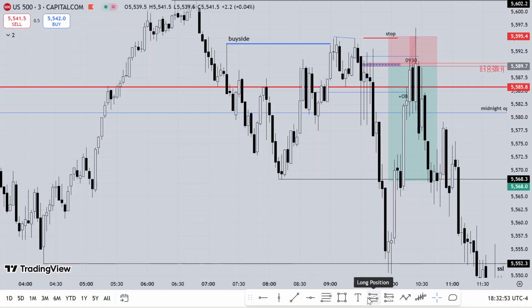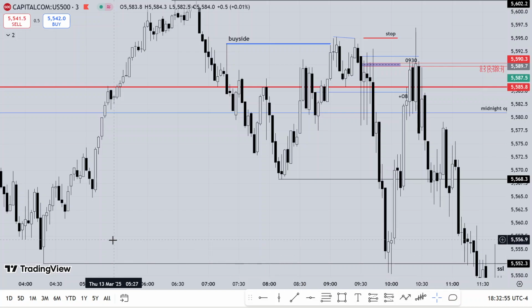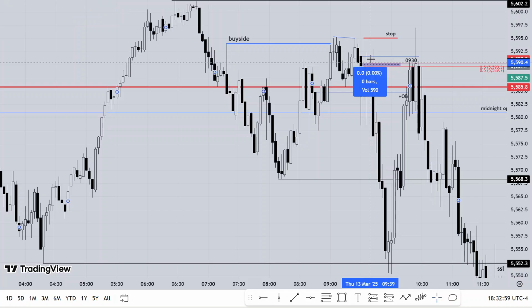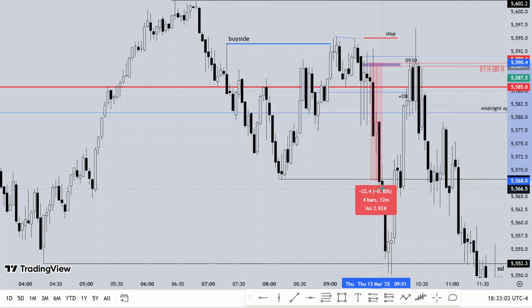Sorry, 12 minutes. That was what was recorded. So from our entry position to our take profit, yeah, correct. So the trade duration was about 12 minutes. Selling from this gray pool, covering at these relative equal lows here.